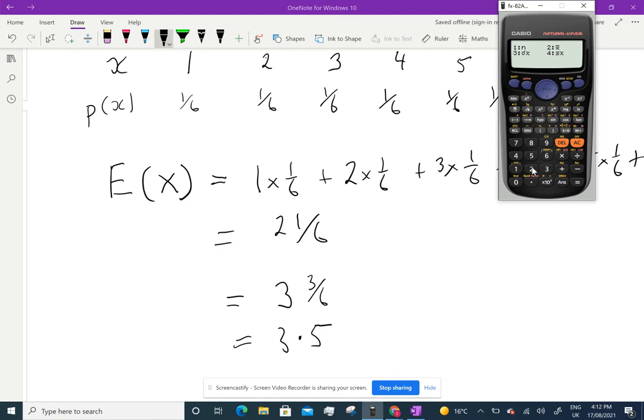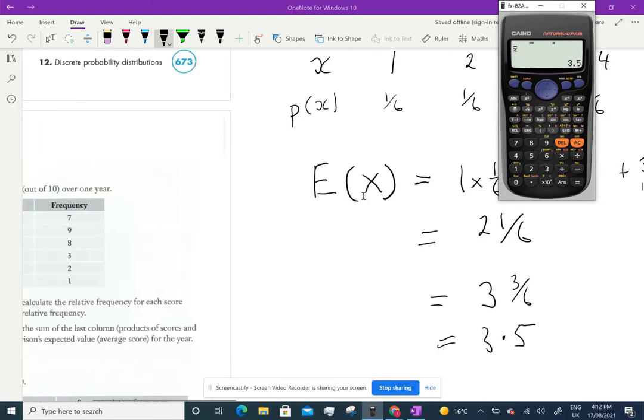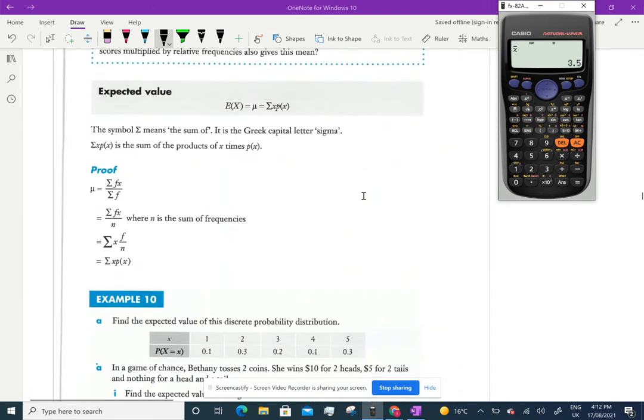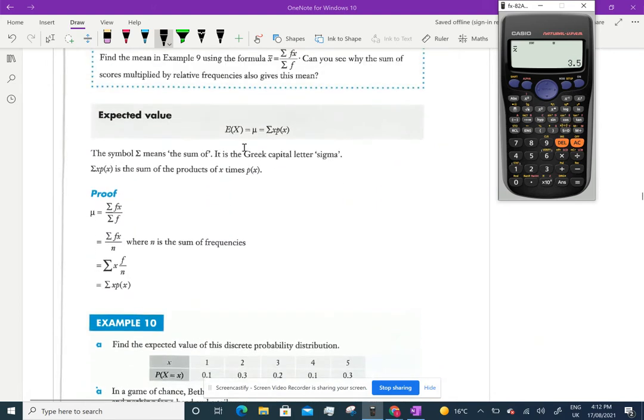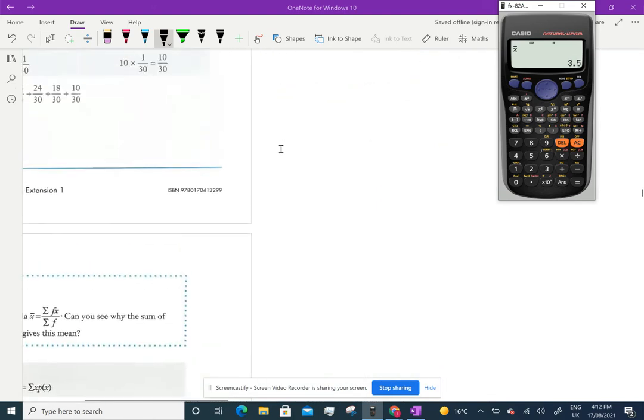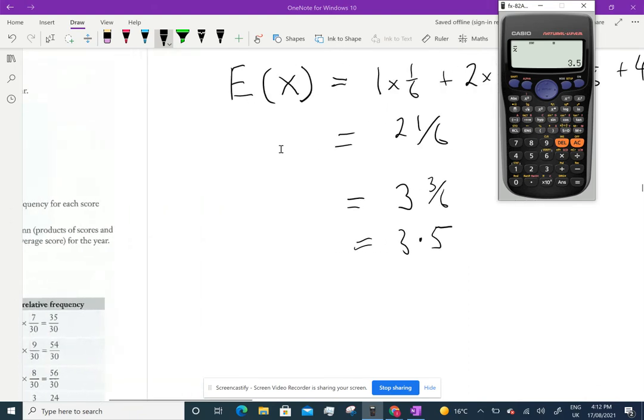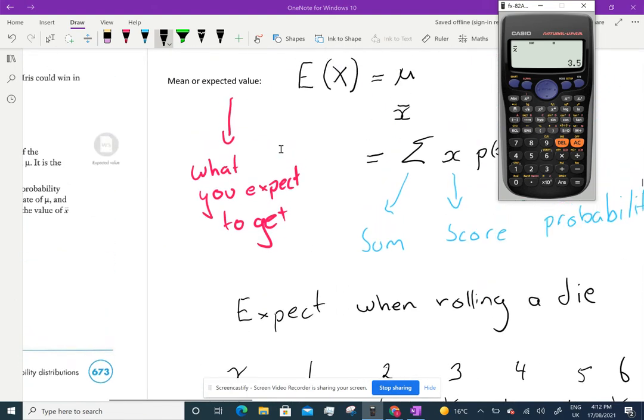So let's hit number 2, and we should get 3.5. If I can hit equals. And there we go. So your calculator will do it as well. So when you go and do these questions down here, by the way, there is the expected value, and you need to write the expected value.